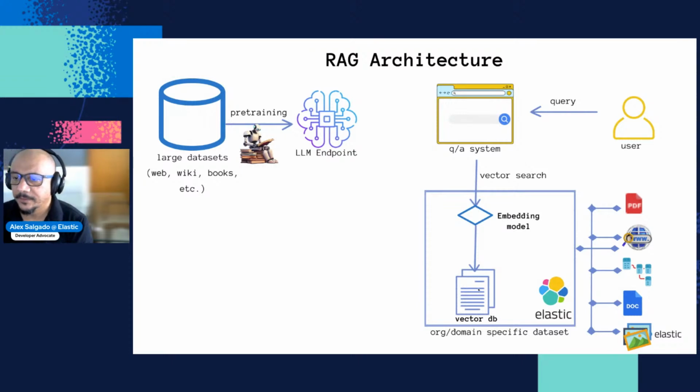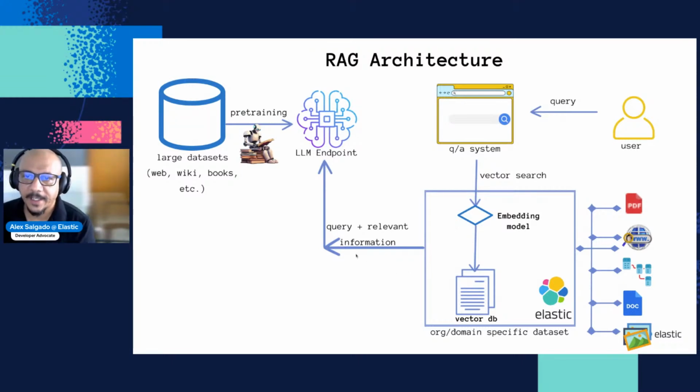After searching using semantic search, we retrieve the relevant information in a context window. So now we can ask the LLM model, like ChatGPT, Llama 2, or Bard, with more relevant and contextual information.